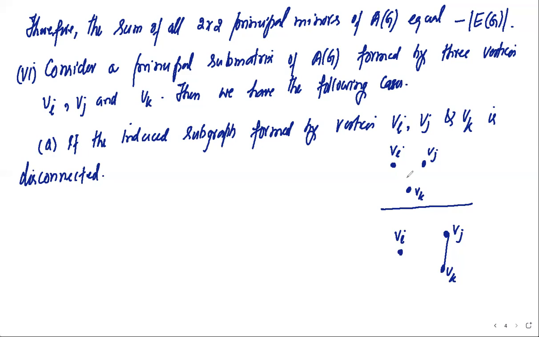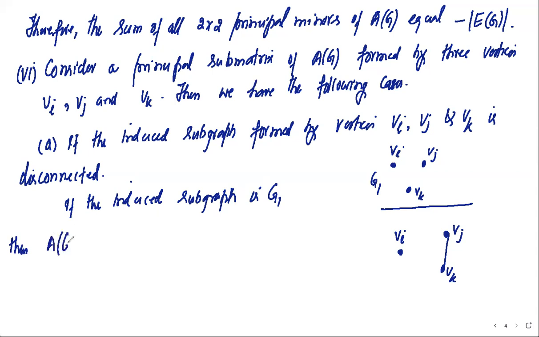So if we have this G1, the subgraph induced by these three vertices Vi, Vj, and Vk, then the submatrix obtained from A of G induced by these three vertices, we shall denote by A of G1.